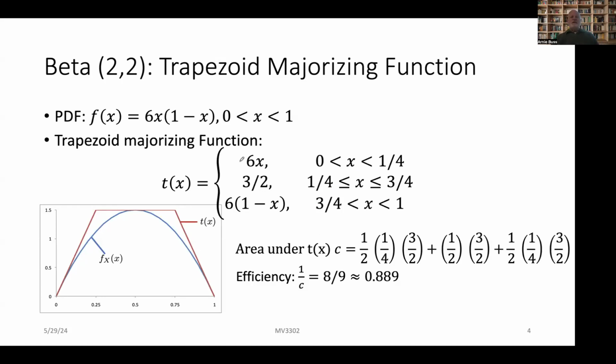Okay. So our majorizing function, we can exploit the fact, remember our uniform was at 3/2, and that was the tangent there.